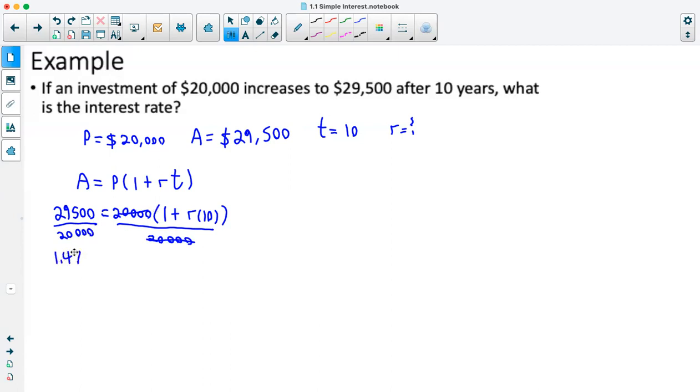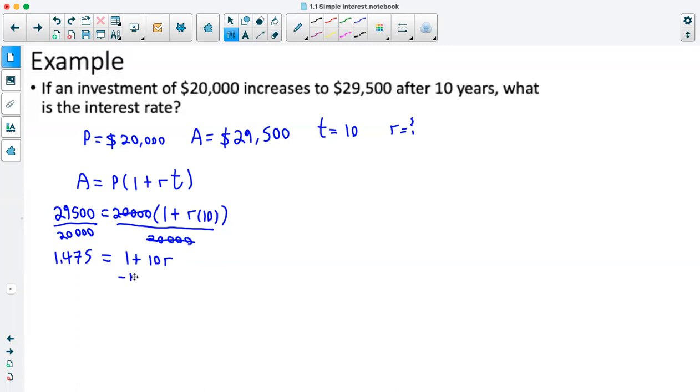Now, when we're doing financial math, we want to keep as many decimal places as possible. Try to avoid rounding if at all possible. Now, if I simplify this side, this is 1 plus. If we have a variable times a number, we usually move the number to the front, so 1 plus 10R.